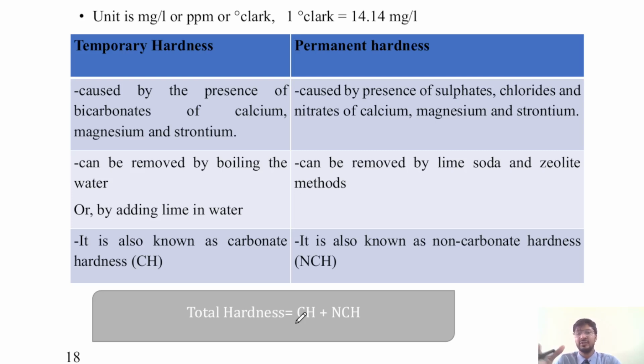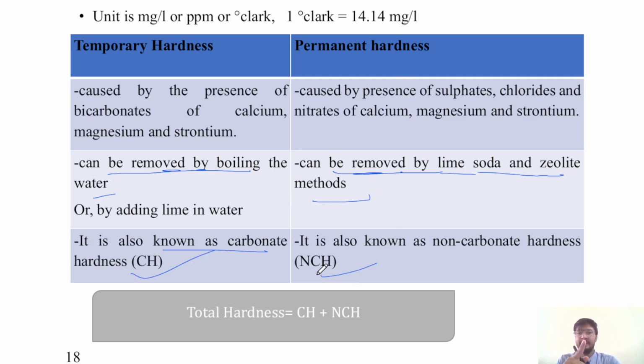Permanent hardness is caused by the presence of sulfates, chlorides and nitrates of calcium, magnesium and strontium. Temporary hardness can be removed by boiling, and permanent hardness can be removed by the lime soda and zeolite method. Temporary hardness is also known as carbonate hardness, whereas permanent hardness is also known as non-carbonate hardness.